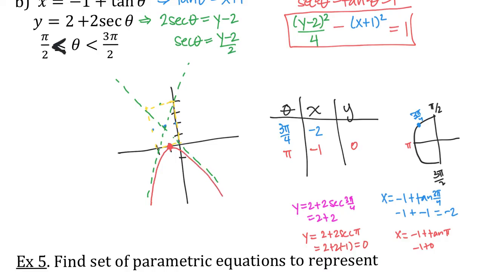Okay, which is great, but I also need the direction, and I was kind of using these 2 points to figure out the direction. So at 3 pi over 4, because this is where I'm going from 3 pi over 4 towards pi, and I'm going to keep going after that. 3 pi over 4 to pi, I went from x equals -2 to x equals -1. This is x equals -1. x equals -2 is down here somewhere.